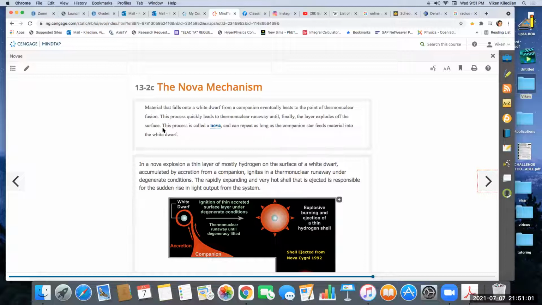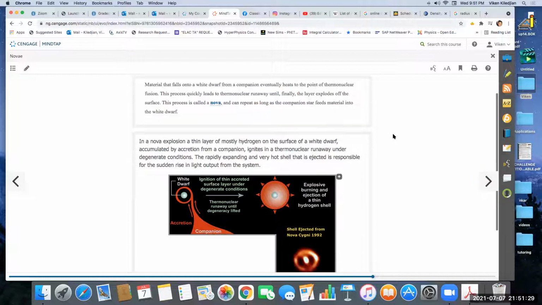You see, that gas that is degenerate and under high temperatures is not expanding. As it's accreting around the white dwarf, it's going to reach such high temperatures that it's just going to explode. And that event is known as a nova, and it can repeat as long as the companion star feeds material into the white dwarf.